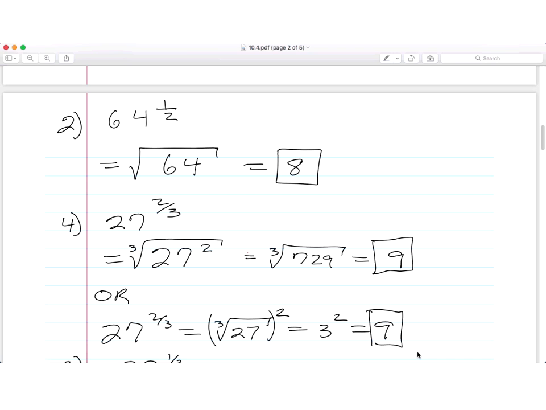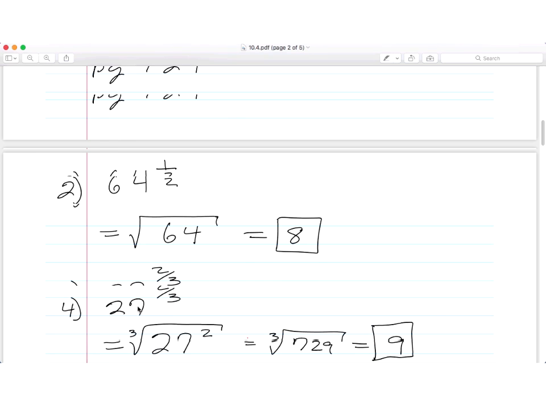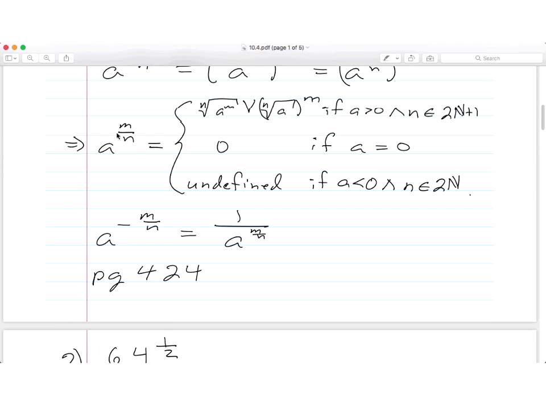So if you're dealing with numbers, it's always easiest to take the root first and then the exponent, rather than taking the exponent, making your radicand gigantic, and then taking a root of that. So where a is a number, it's always easiest to use the second definition, where you take the root first and then the exponent.